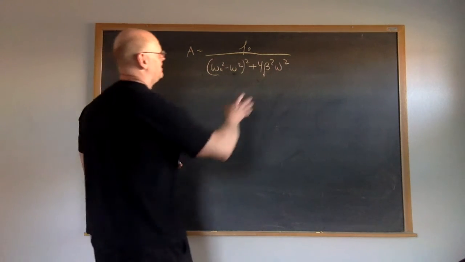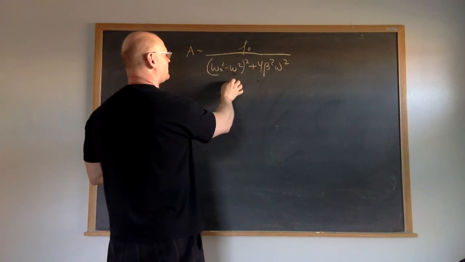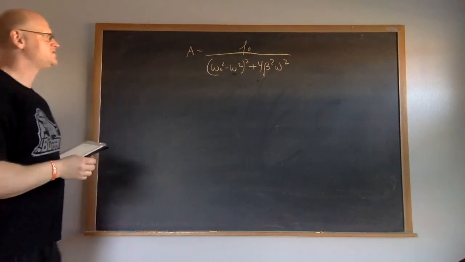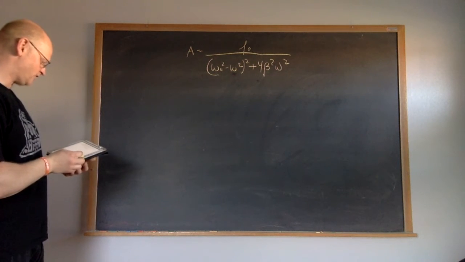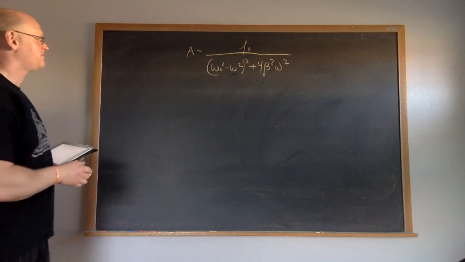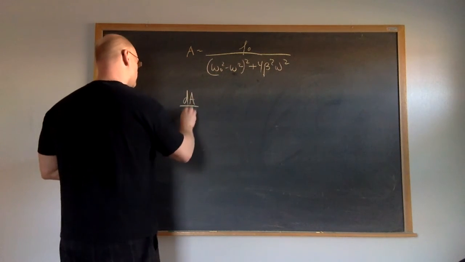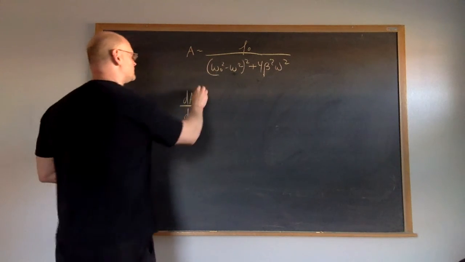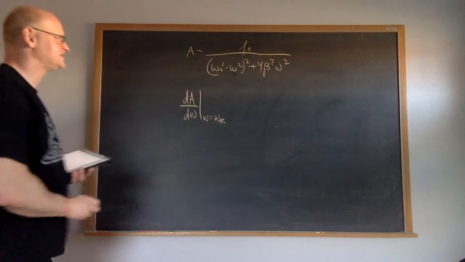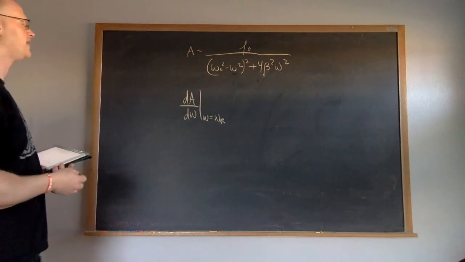But as the frequency decreases, I can have a point where this amplitude will go to its maximum value. To find out where that happens, we can simply take A here and differentiate it with respect to the frequency and evaluate that at what's known as the resonance frequency, where A is going to have its greatest amplitude, its biggest value.